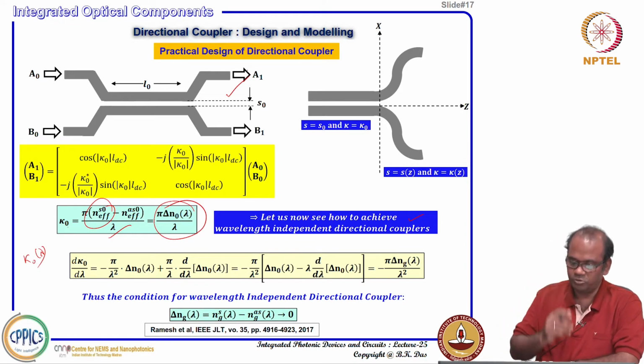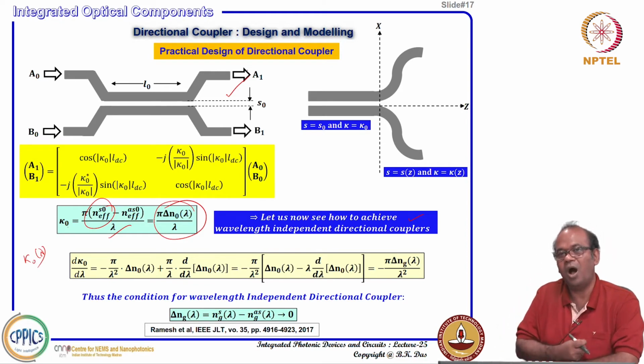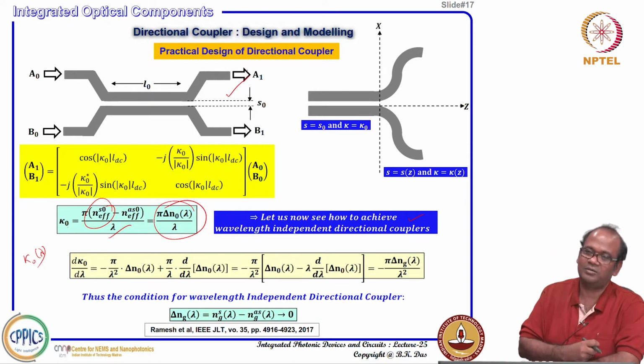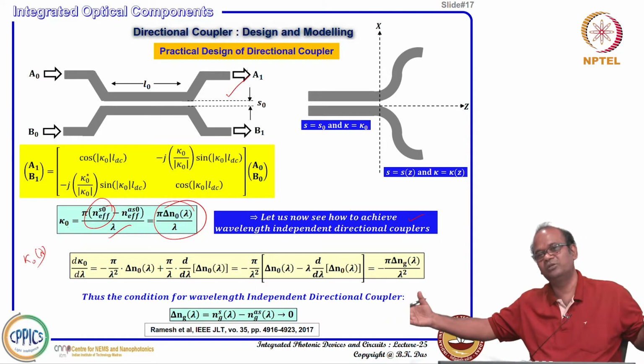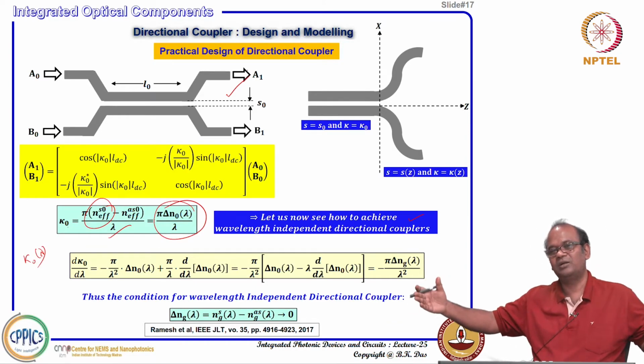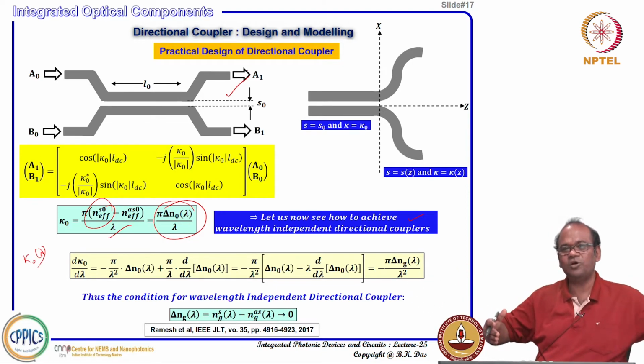So, let us see how one can get a wavelength independent directional coupler. That means at least over a certain bandwidth, maybe 100 or 200 nanometer around that wavelength, it should give the same response.